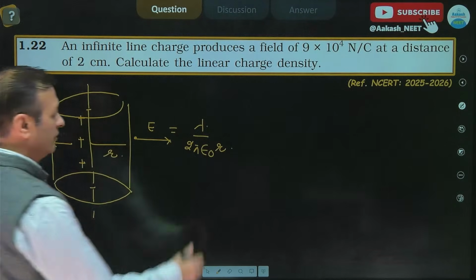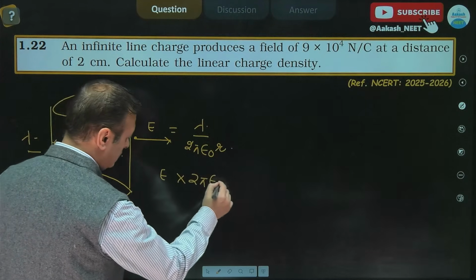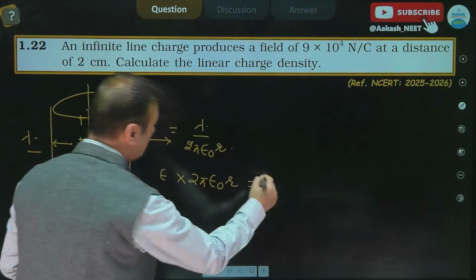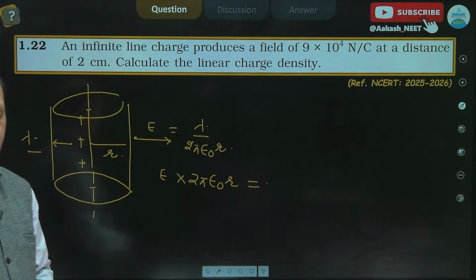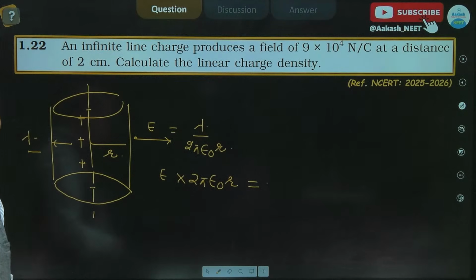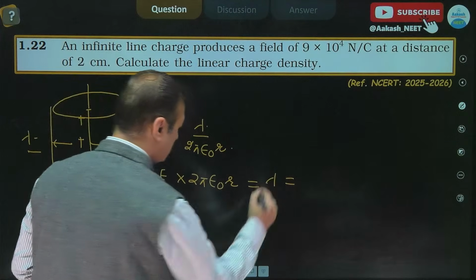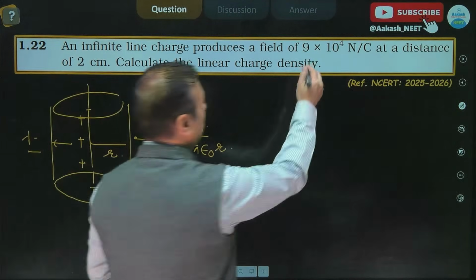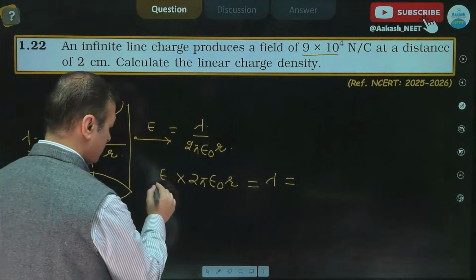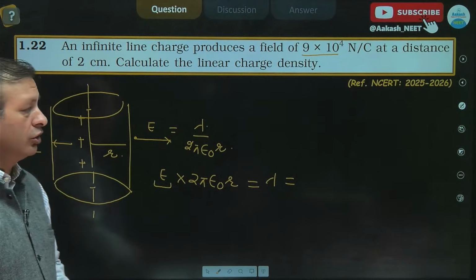And you simply multiply. When you put all the values together, you will end up with lambda. Can you find out the lambda? Electric field is given to you, and 2 pi epsilon naught.